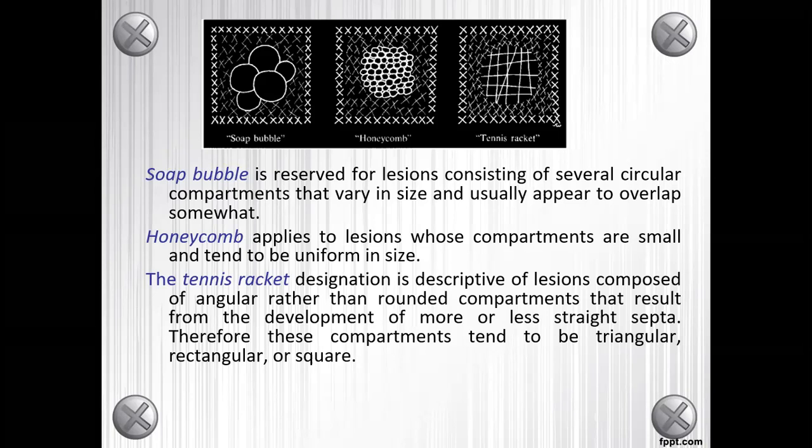So this is the typical difference between soap bubble, honeycomb and tennis racket, and these three are the prominent multilocular radiolucencies, the most commonly found in your jaw. There is also something called a spider web appearance, which looks like a spider web. You can also see it in ameloblastoma.